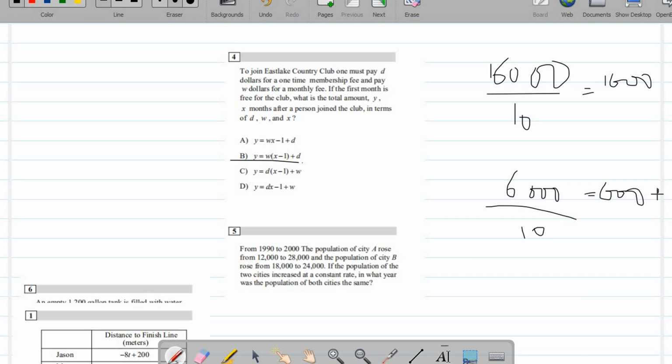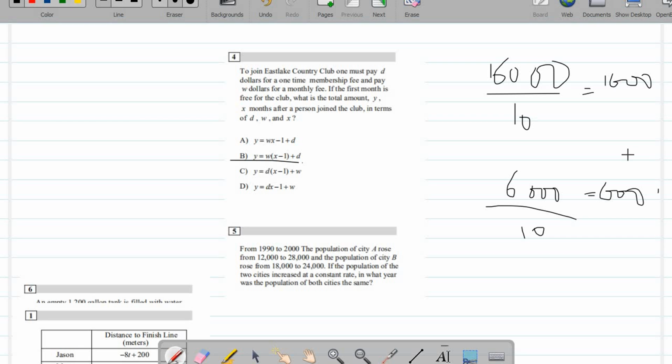That's what's being added. 600 persons per year, and that's why in 10 years you got 6,000, and in 10 years you got 16,000. So the population of the two cities increased at a constant rate, which is this rate. In what year was the population of both cities the same?